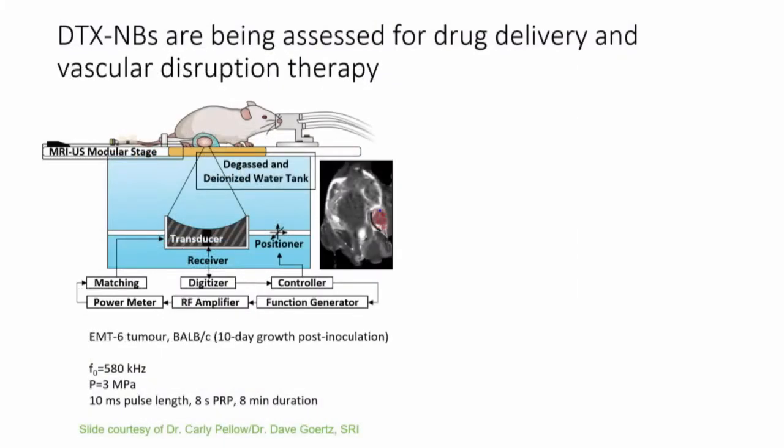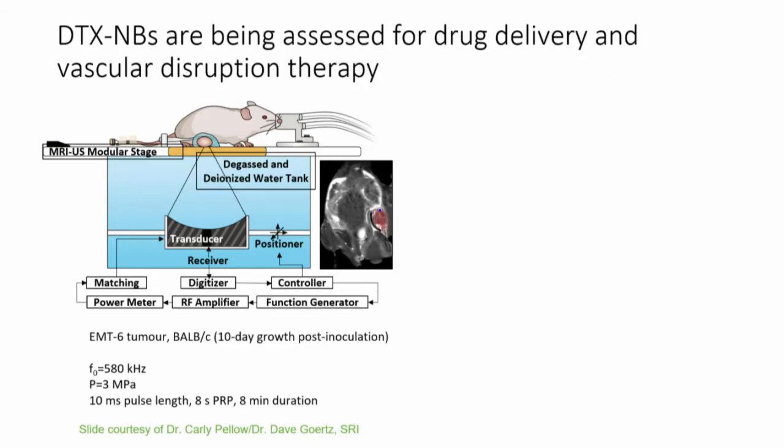The key thing I want to emphasize in this particular model is that it is not an immune-compromised mouse. So it's an immune-competent mouse, and that means that it has a real immune system, okay? And we're leveraging that for this therapy. The other thing I want to emphasize is this is a very, very low concentration of drug that we're injecting and a low concentration of bubbles.